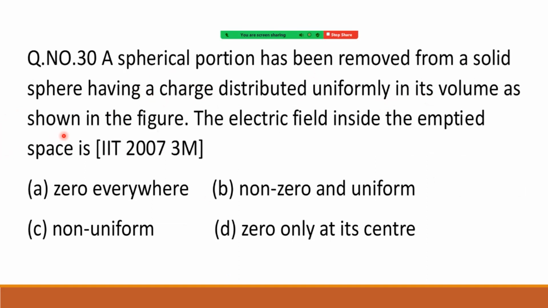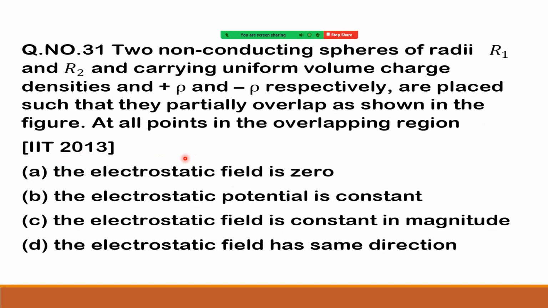You can take the same diagram. Now, what we have explained is the electric field inside the emptied space, the cavity. What we got is that it is uniform. So the answer is non-zero and uniform. So 2007 asked for 3 marks, and again the same question was asked in 2013.